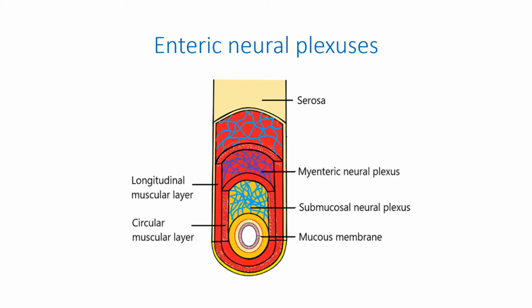These cells are also found within the muscular layer and in the lamina propria of the mucosa. The subserosal plexus is located between the serosa and the muscular layer of the intestine and has a few small ganglia.